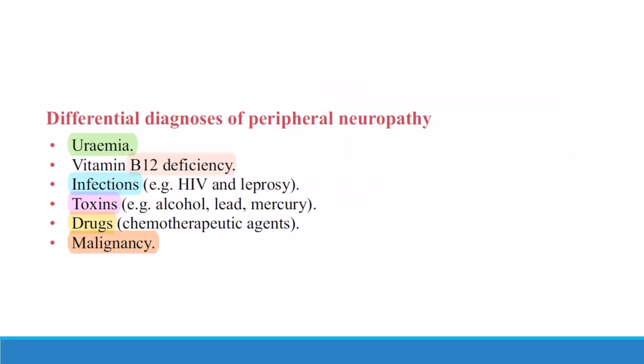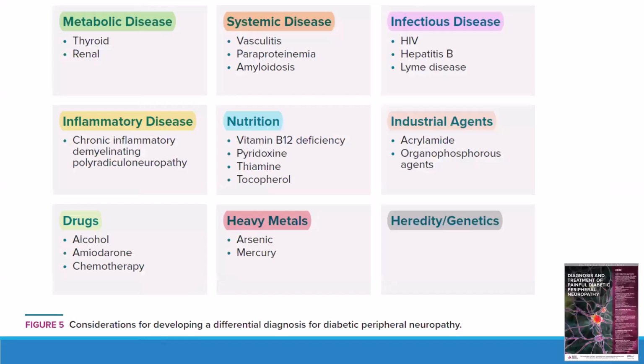The differential diagnosis of peripheral neuropathy includes uremia, vitamin B deficiency, infection like HIV and leprosy, toxins like alcohol, mercury, drugs, chemotherapeutics, and malignancy. And actually, this slide summarizes all the differential diagnosis of diabetic peripheral neuropathy.